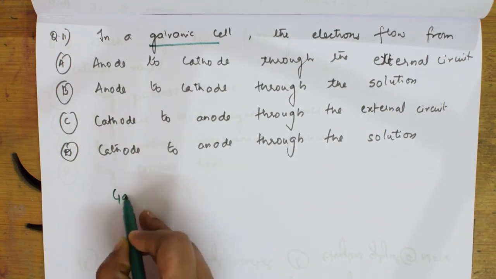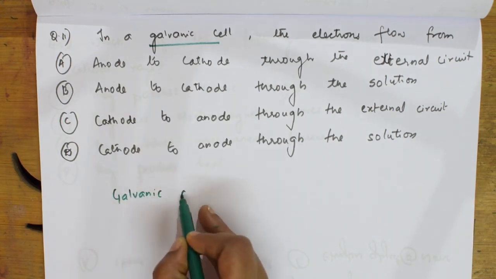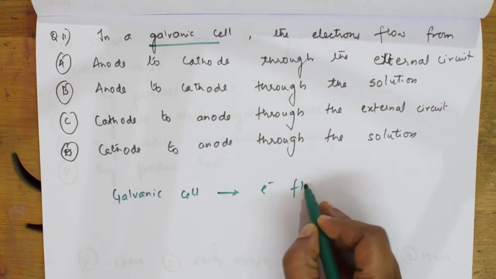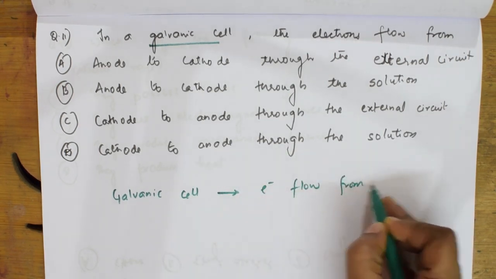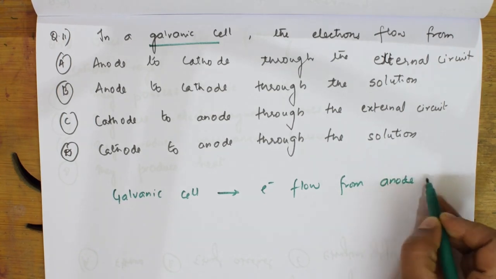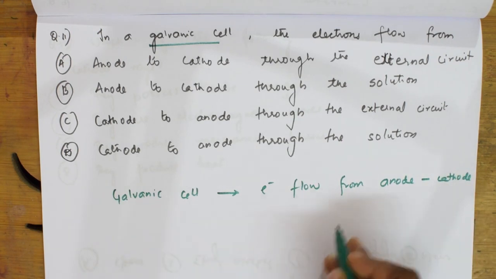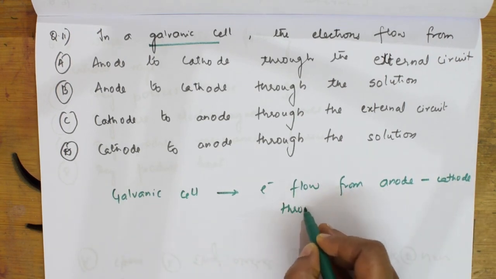Remember, in a galvanic cell, electrons always flow from anode to cathode through the external circuit. This is important.